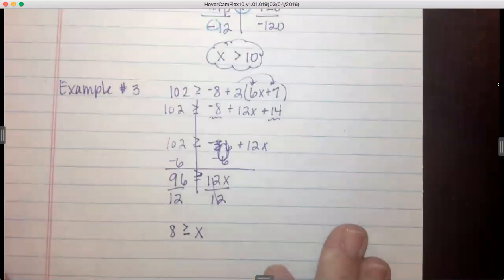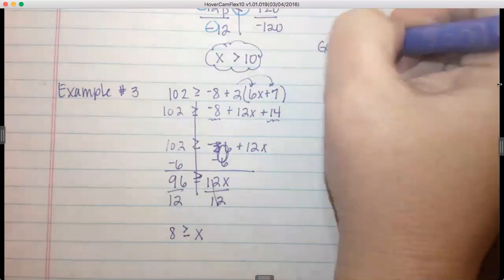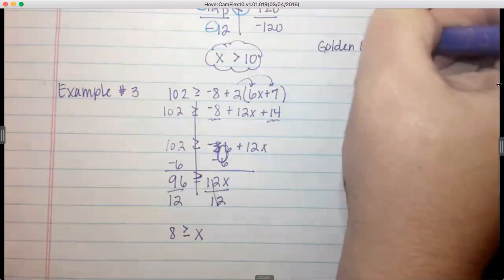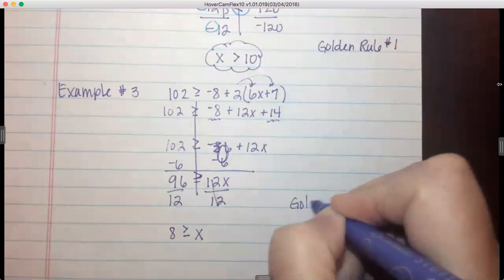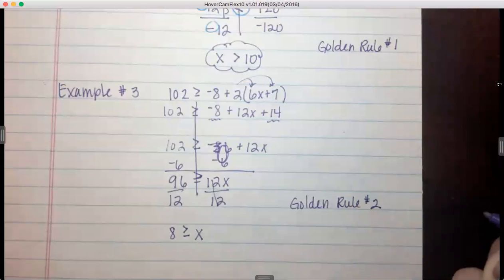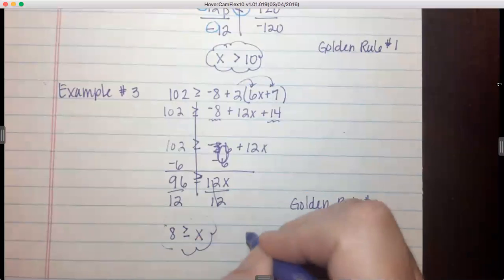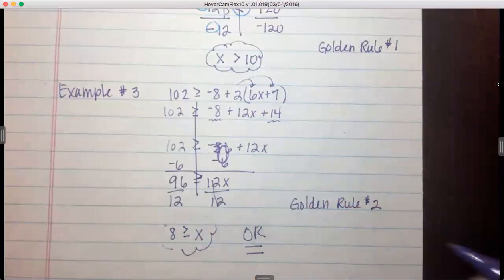Now, here's golden rule number 2. This is golden rule number 1 up here. This is golden rule number 2 down here. This is a fine answer. If you did this on my test, I'd count it right. However, on any state assessment, what they're going to ask for is for it to be written with the x on the left. Now, here is the trick.